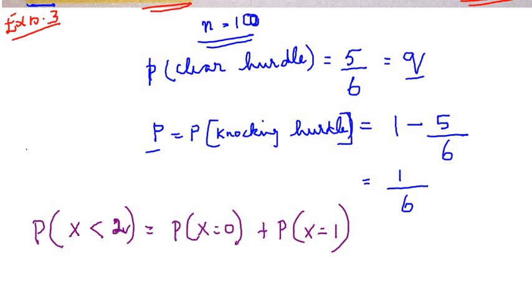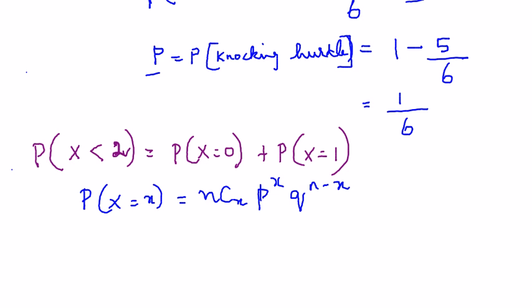Where x is a random variable, you have the formula as nCx p power x q power n minus x. Always write the formula even when you are practicing the sums, and then do the sum, right?